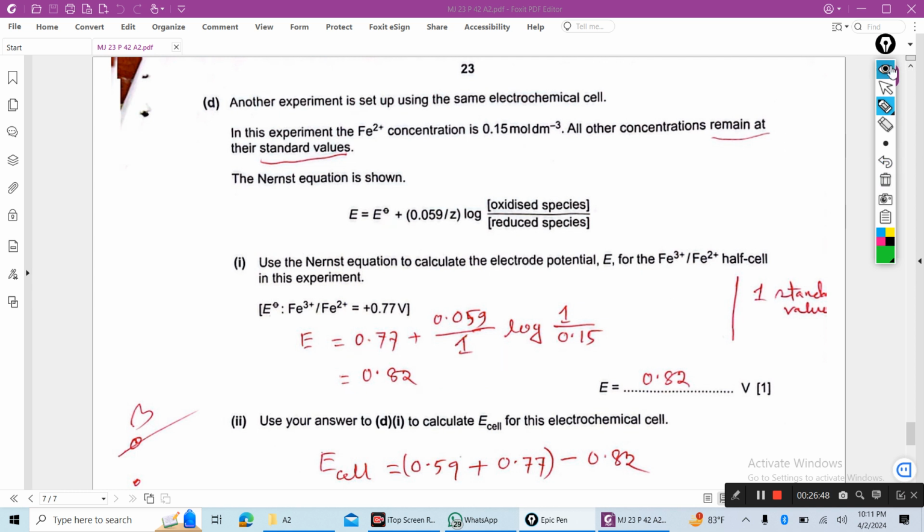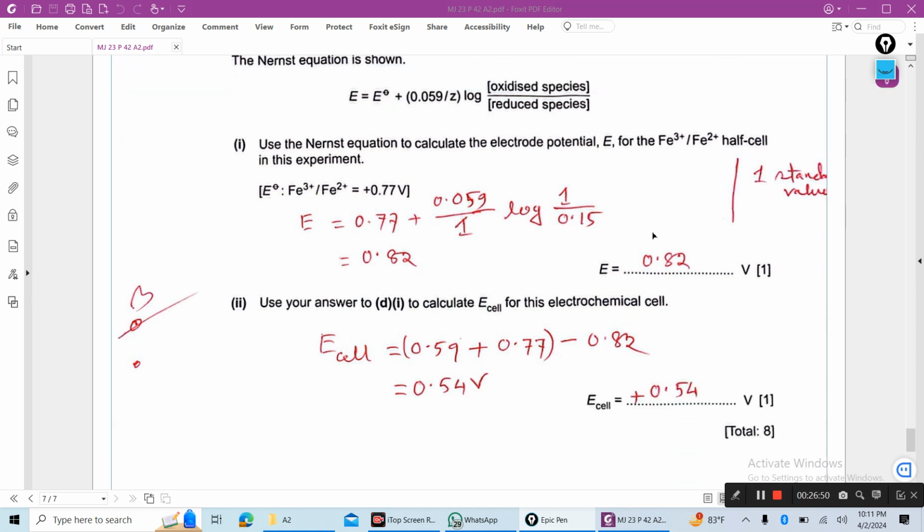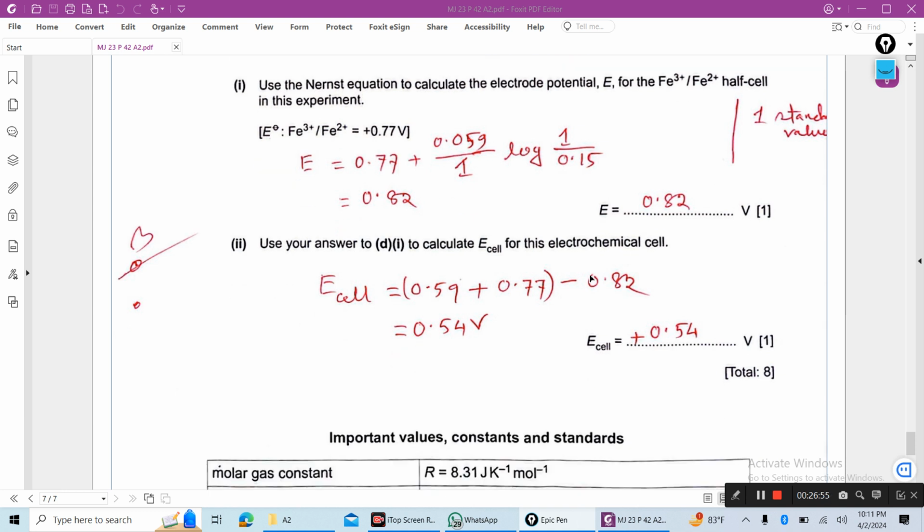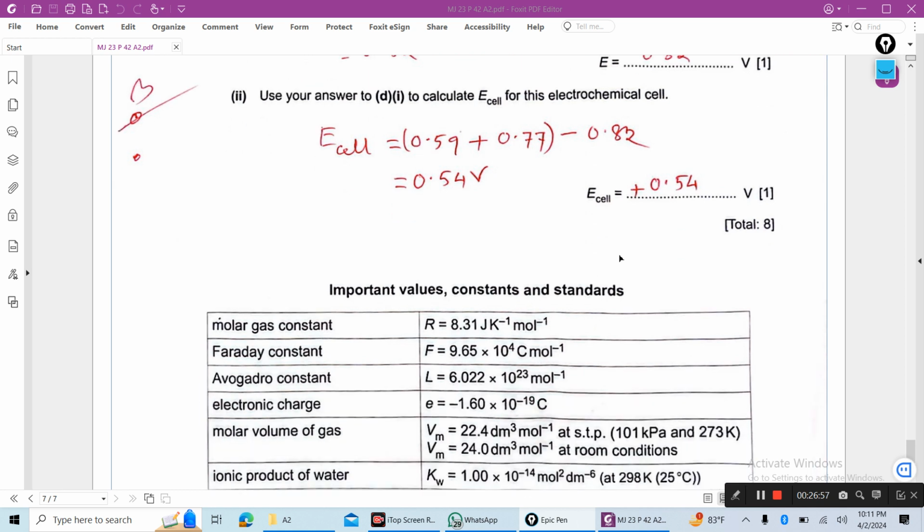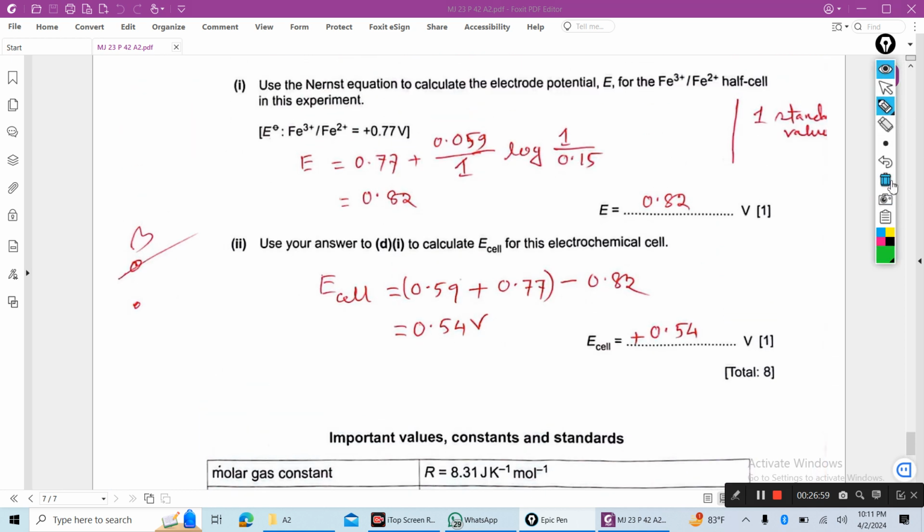You can then use your answer to D1 to calculate E cell for this electrochemical cell. Use D1, then you will calculate E cell.